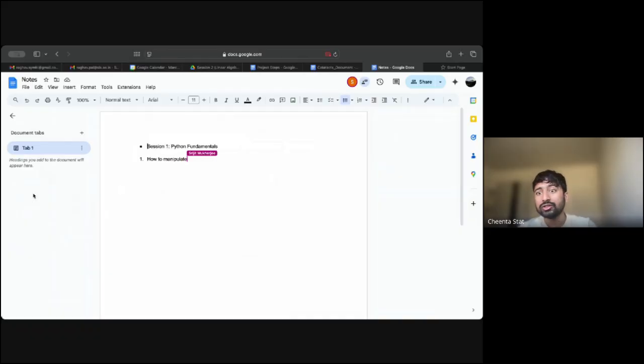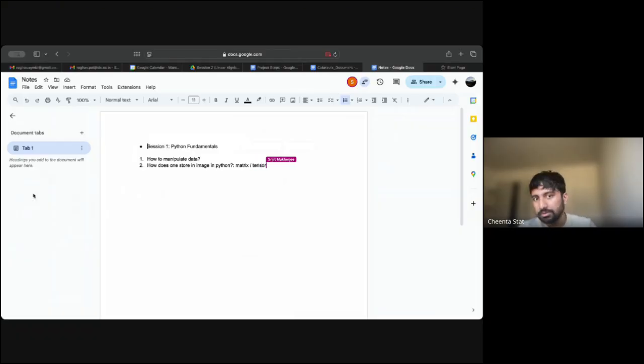Why I'm writing this down is because you can use these keywords to search in GPT later on. How to manipulate data, right? How does one store an image in Python? The answer is matrix, or tensor.